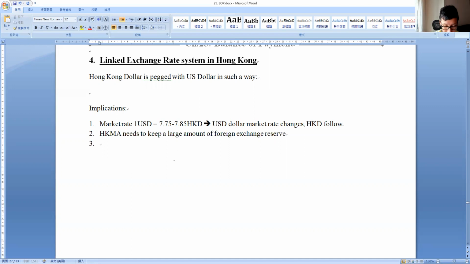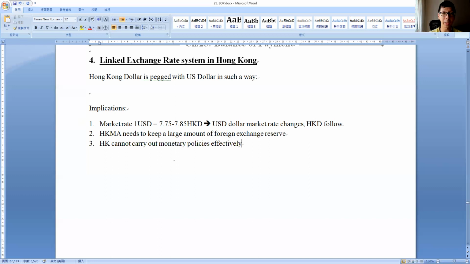Now the third point, very important. Hong Kong cannot carry out monetary policies effectively. Do you remember what exactly is a monetary policy?